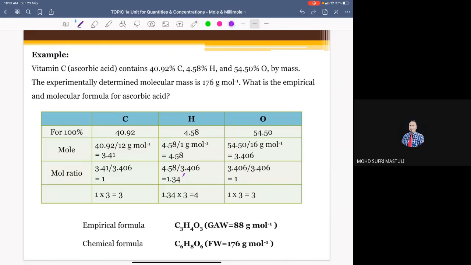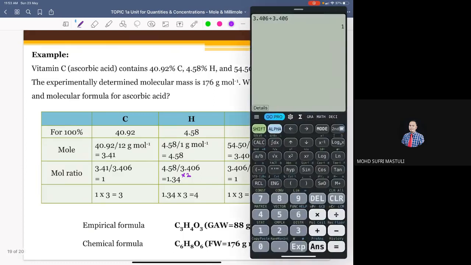So we multiply by 2. 1.34 multiplied by 2 gives 2.68. We cannot round that up, it's very far. 2.7 is not a whole number.